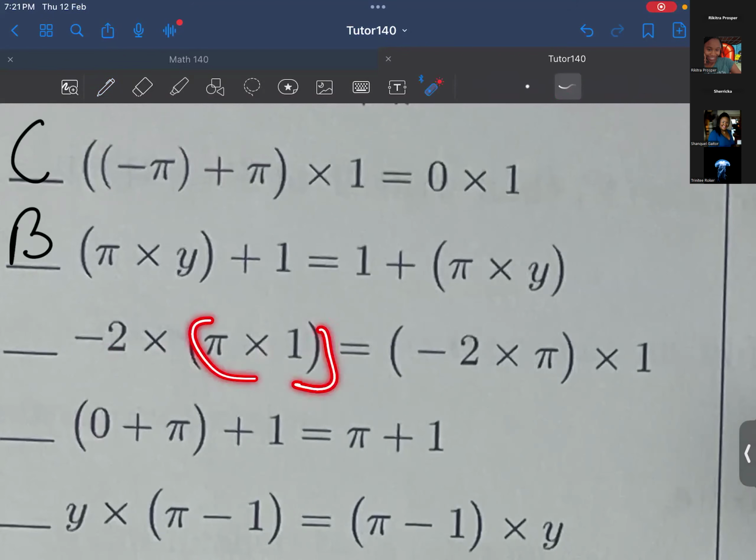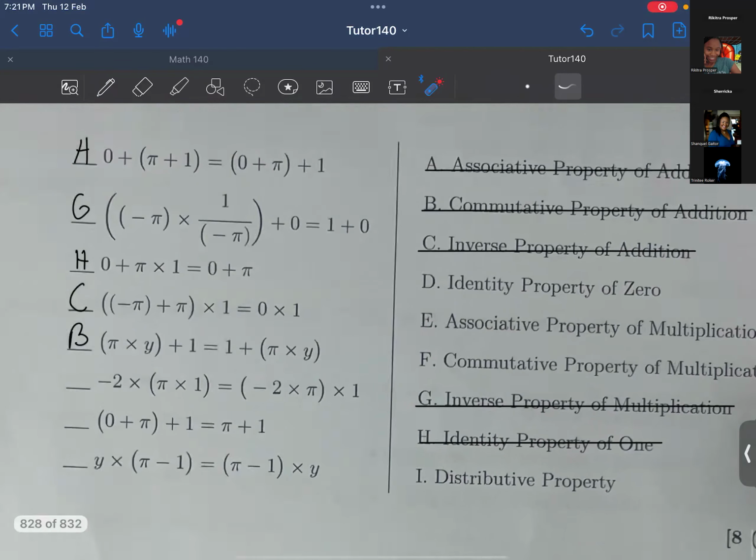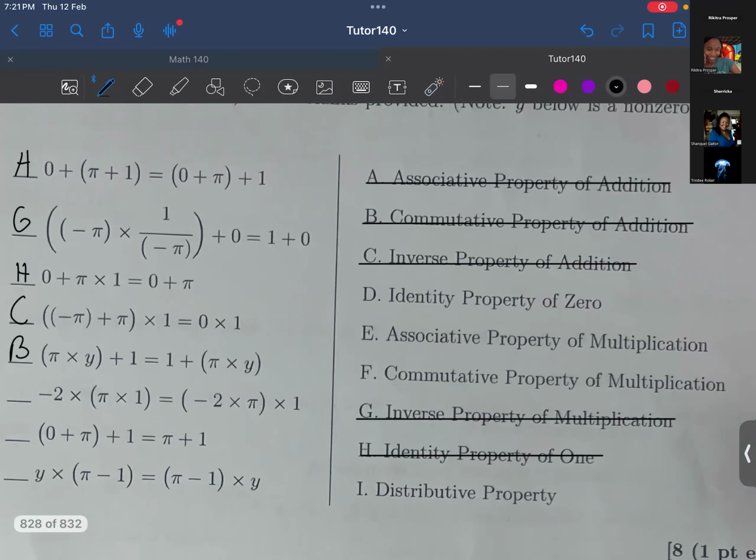And these two numbers were grouped, but over here, you see these two numbers are grouped. So this is telling me that when I'm multiplying three numbers, I can group them in any way. This is the associative property of multiplication. When we're multiplying three numbers, we can group them in any way. That's what that is, the associative property of multiplication. This is E.